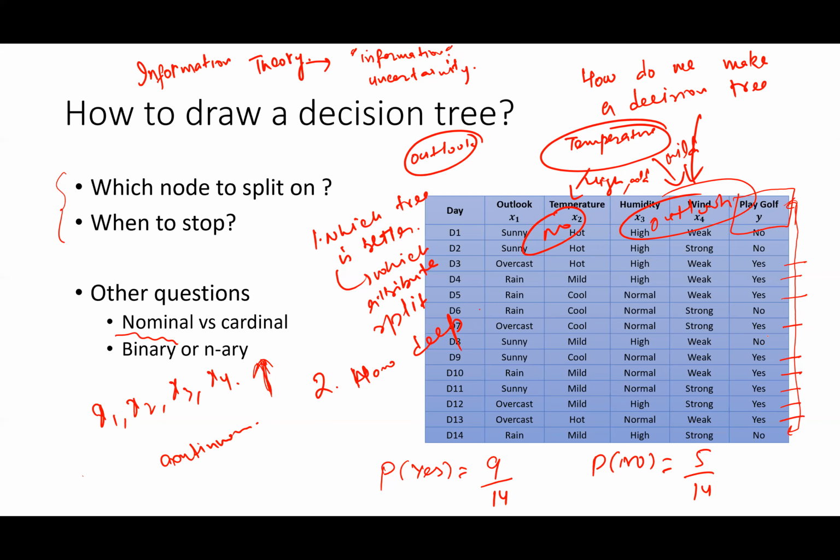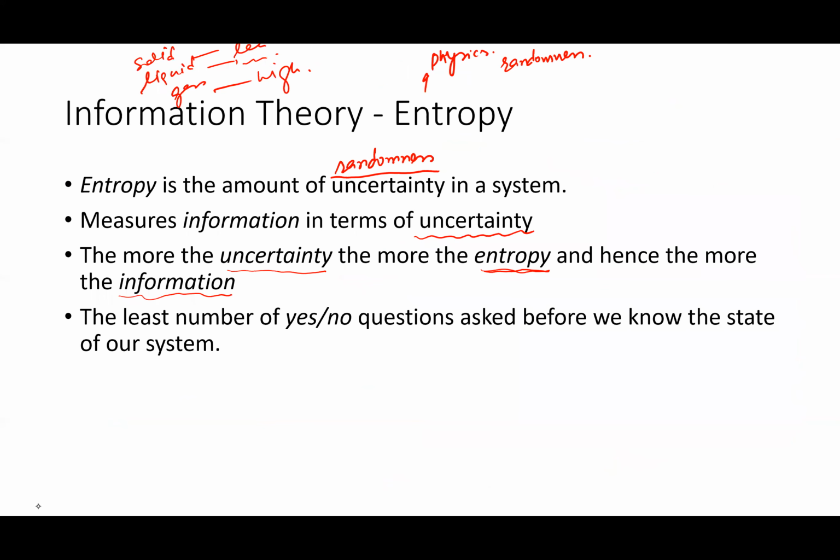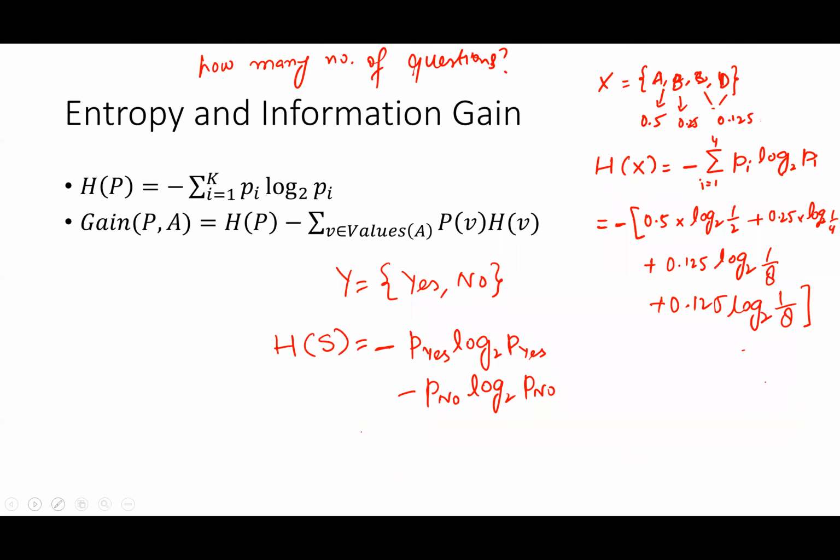So 1, 2, 3, 4 and 5. So 9 by 14 and 5 by 14. So now this is equal to minus 9 over 14 log to the base 2 of 9 over 14 minus 5 over 14 times log to the base 2 of 5 over 14.